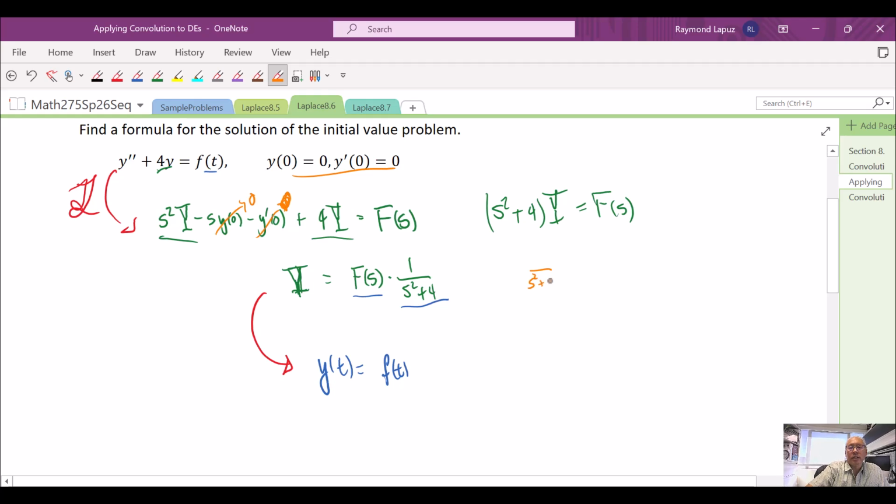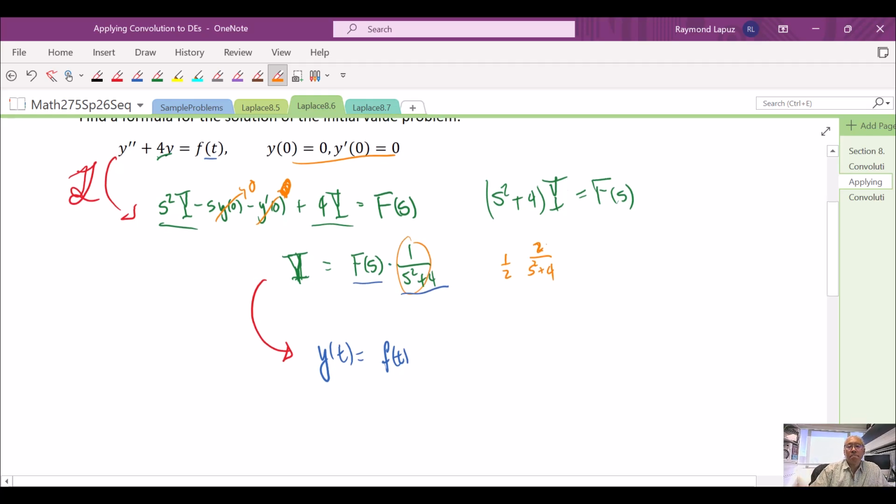If I have a constant, I need that constant to match up to be the square root of 4, because this is going to be s squared plus k squared, and this k has to be on top. This goes for the sine. And so we need to multiply this by 1/2 to cancel with that 2, because that's what this is up here.